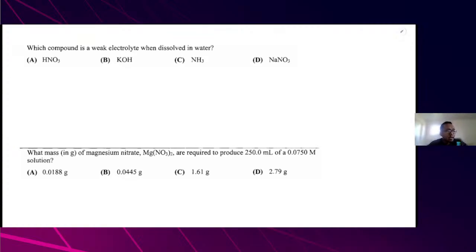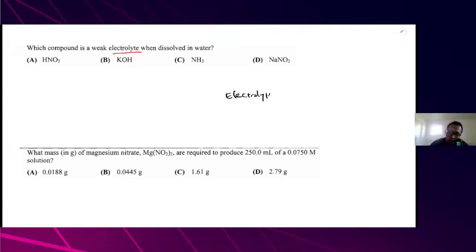All right, let's start by understanding the question first. Which compound is a weak electrolyte when dissolved in water? Let's start by understanding electrolyte first. What's the meaning of electrolyte?